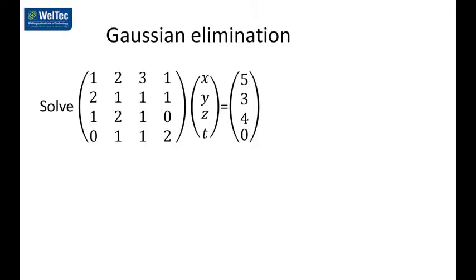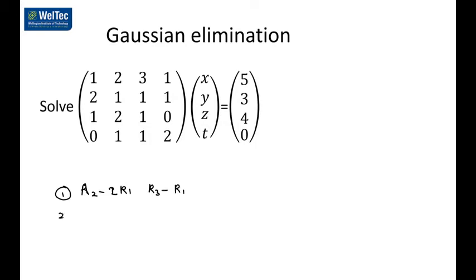For this example, what I'll do is I will give you the steps and see if you can get the answers. Okay, the first step is to take R2 and subtract from it 2 times R1, and at the same time find R3 minus R1.